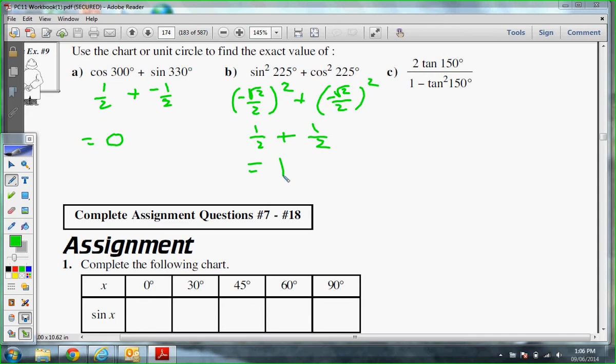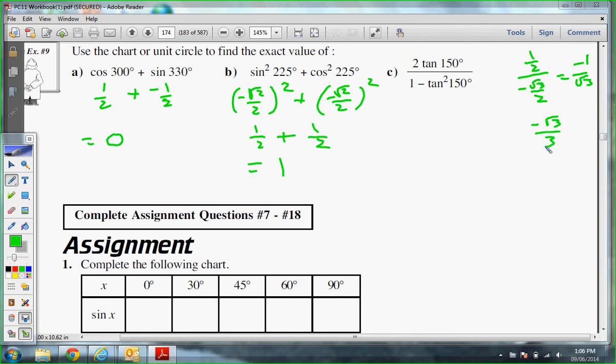So tan of 150 is 1/2 over negative root 3 over 2. The 2's cancel, and that gives me negative 1 over root 3, which gives me negative root 3 over 3.